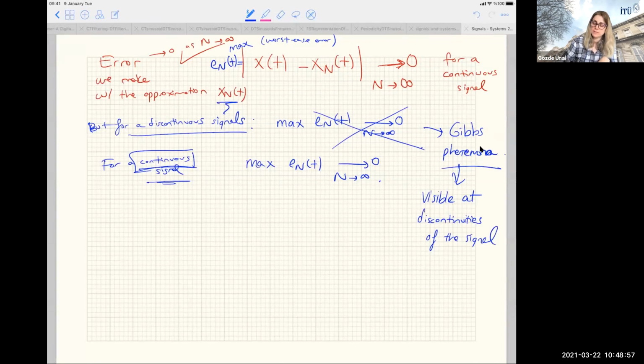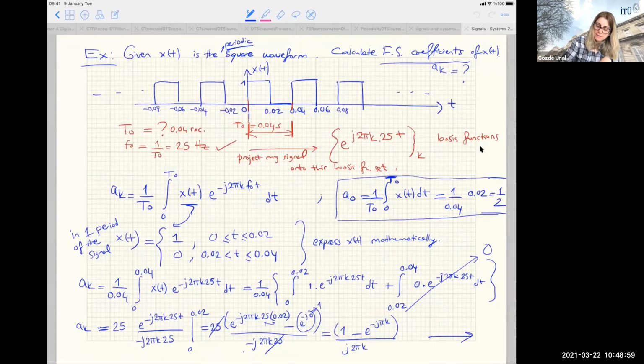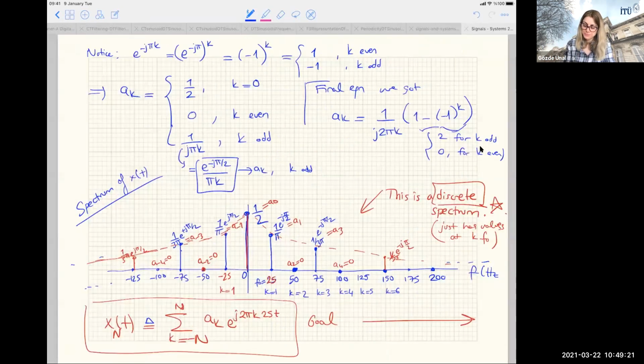Our waveform was a square wave. It has really many discontinuities, right? I mean, in one period, it has at least 3 discontinuities, right? Goes down, up here, goes down. I mean, if you include the boundaries, it's 4 discontinuities.